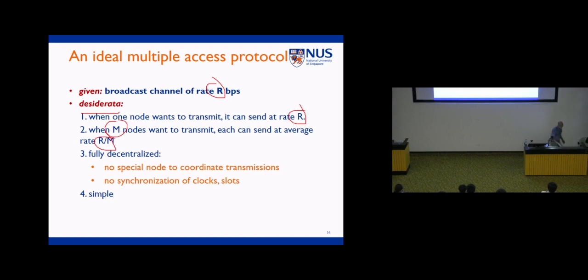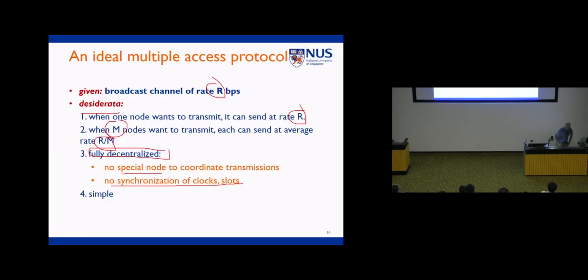Also what I want is, I want this to be fully decentralized. I want to design a decentralized protocol. That means there should not be any particular special node, no central controller. And also, I want it to be simple. I don't want any requirements such as, our clocks should be synchronized.